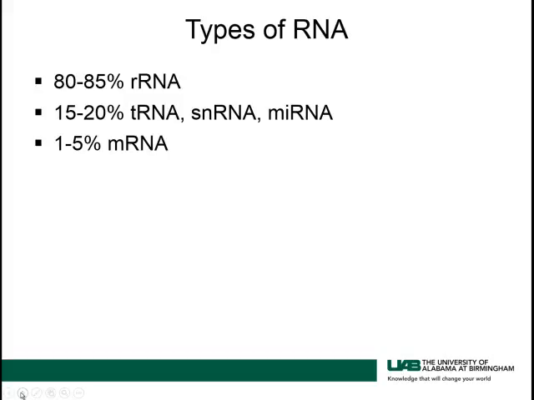And then the final one, and probably the most important for our work, is the messenger RNA, and this category makes up a very small amount of the total RNA of the cell.